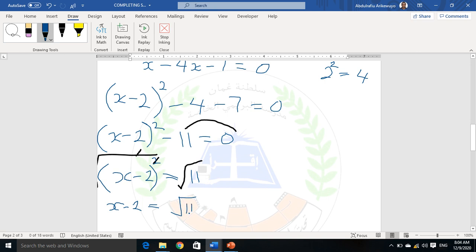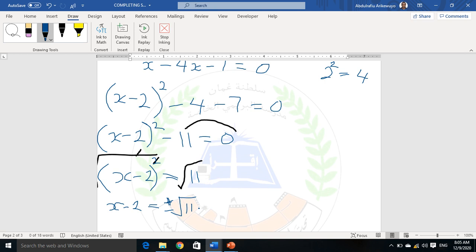Remember I told you when you have something in square root, it is usually plus or minus, because any of them will give you the same answer. So we have to put plus or minus when we have a square root, right? So now what we do next is to find the answer for square root of 11.